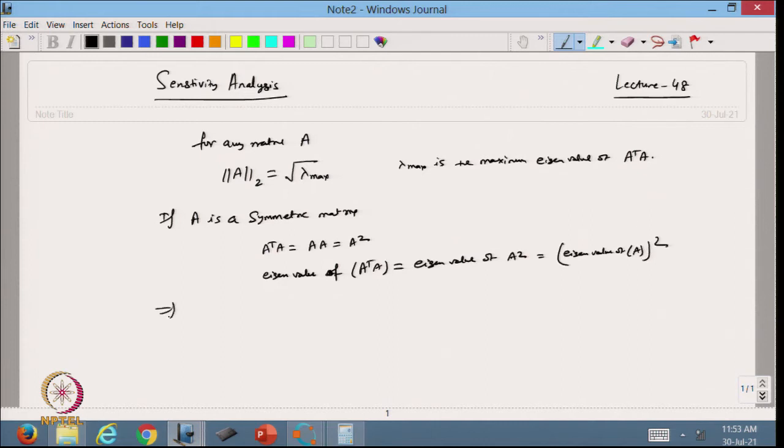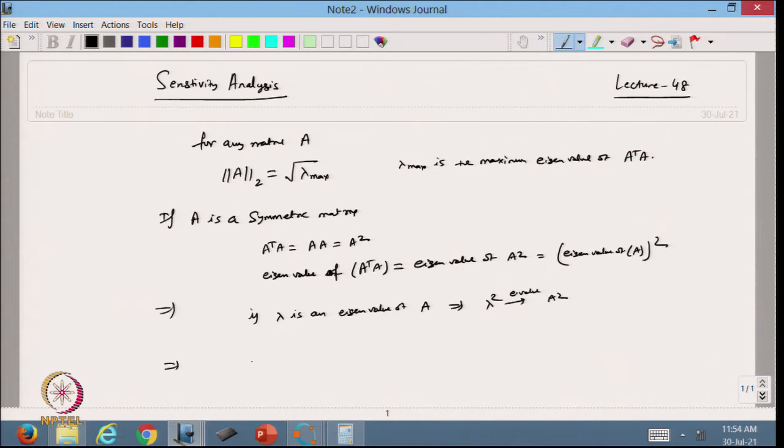So from here I can say that if lambda is an eigenvalue of A, which implies lambda square is an eigenvalue of A square.